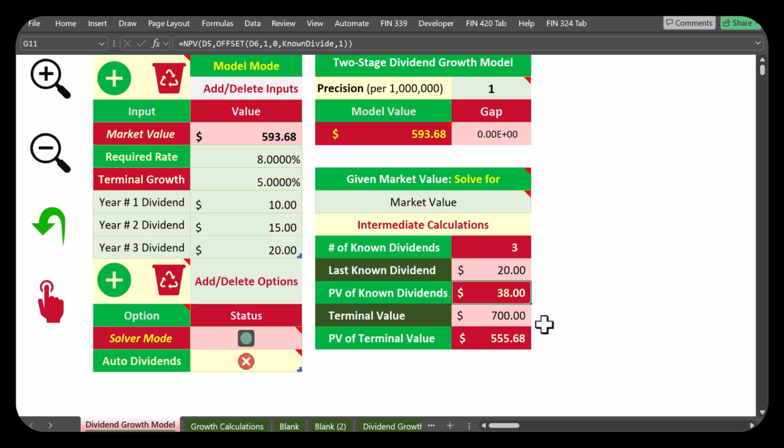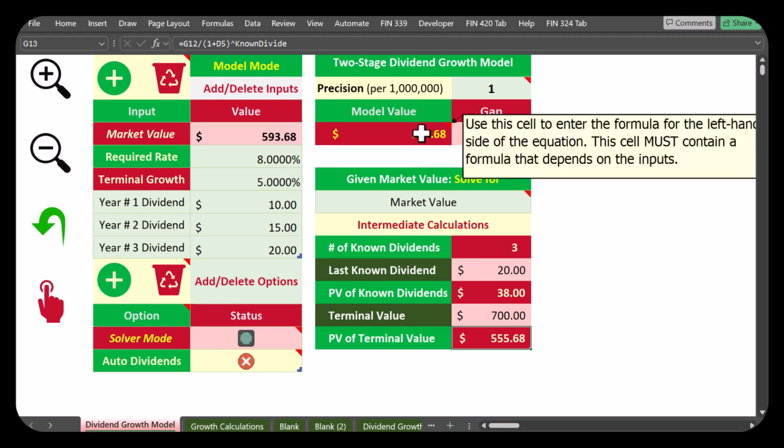Then it calculates the terminal value. That's the value at the end of year 3. As you know, we calculated that as 700. Then it calculates the present value of that. I discount that for 3 years. Then this value is simply the sum of the present value of the known dividends plus the present value of the terminal value.